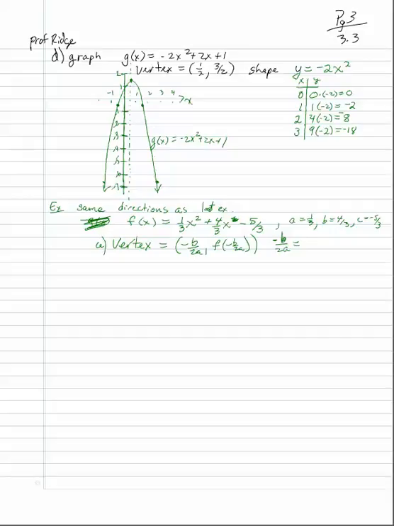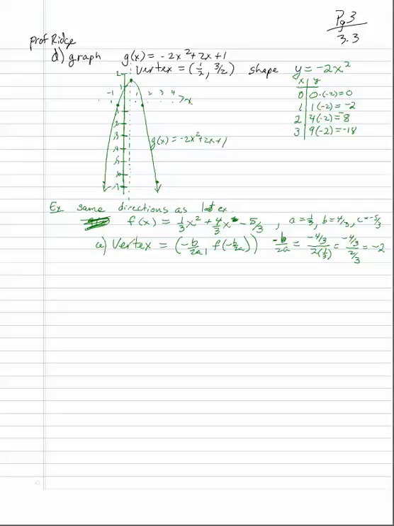So minus b is negative 4/3 over 2 times 1/3, which is negative 4/3 over 2/3. So flip it over, the 3's will cancel, and that'll be negative 2.